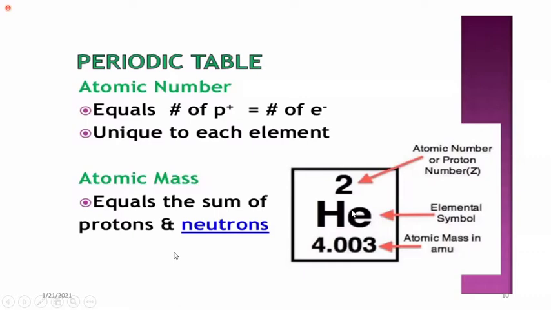Atomic mass is like this. Now, here is a term called isotopes. Isotopes are the same elements, but with different numbers of neutrons. We have examples of isotopes of carbon: carbon 12, carbon 13.